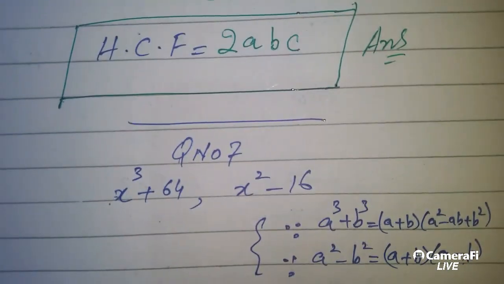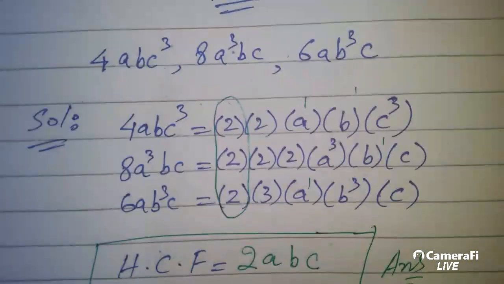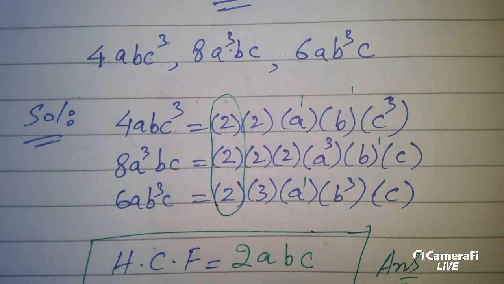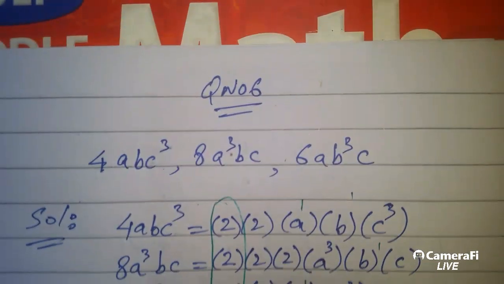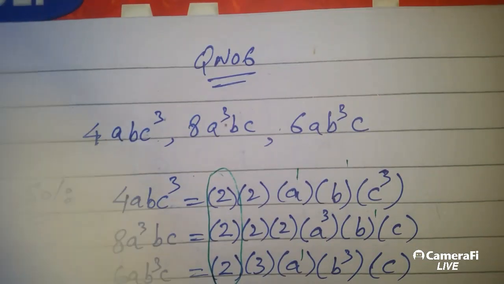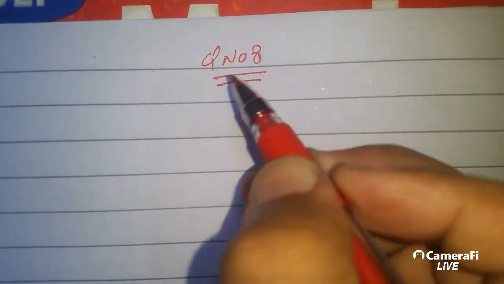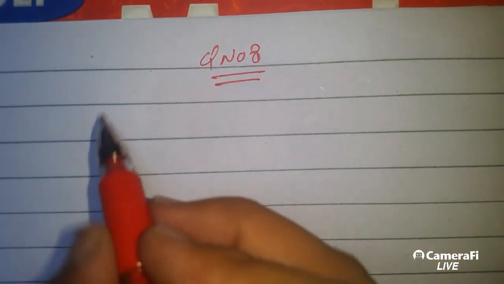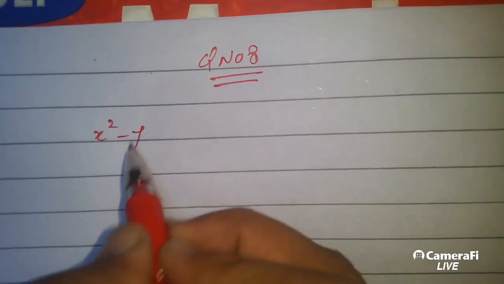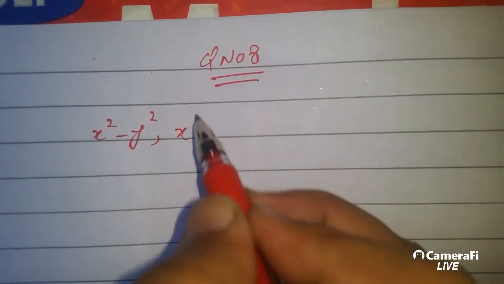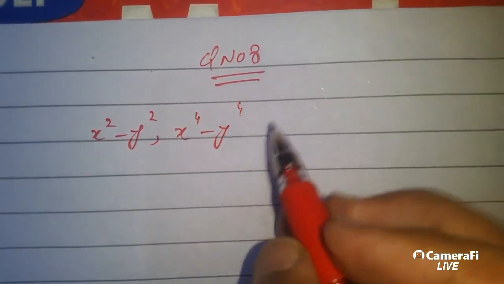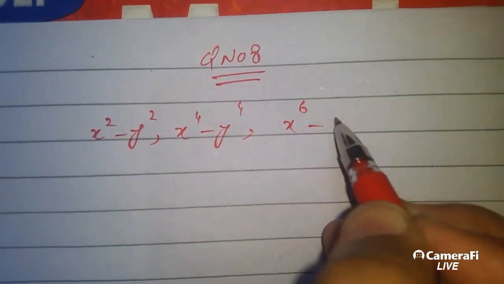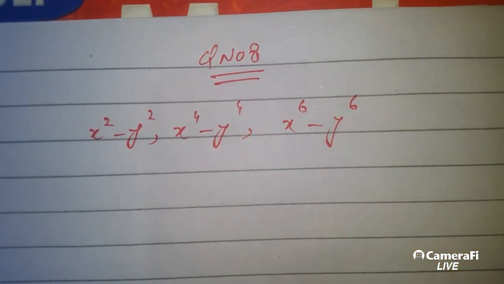Let's solve the other question, number 8. x square minus y square, x raised to power 4 minus y raised to power 4, x raised to power 6 minus y raised to power 6.